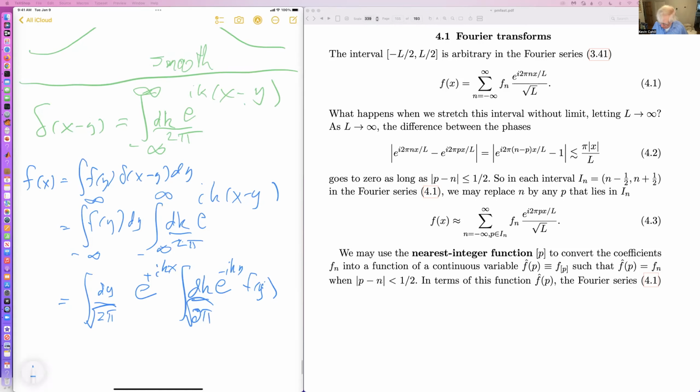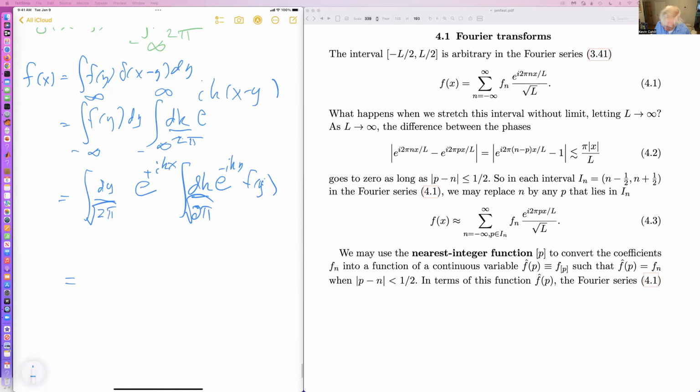And so now we can rewrite this as integral dy. No, I've gotten it backwards again. No, I'm going to make this a dk. So hold on. dk over square root of 2 pi.